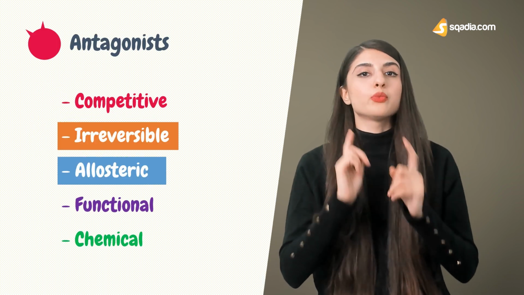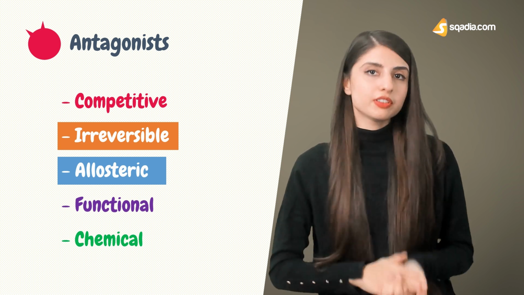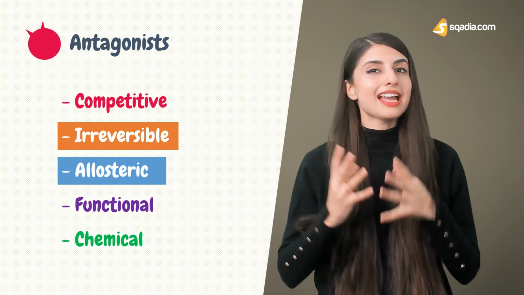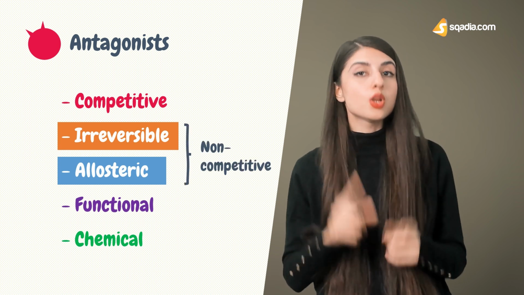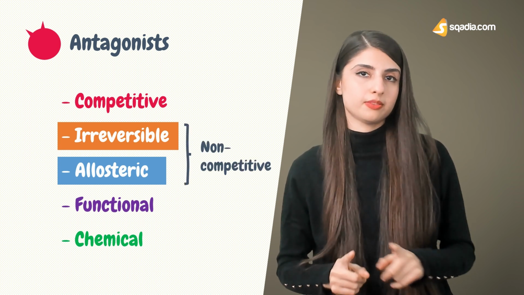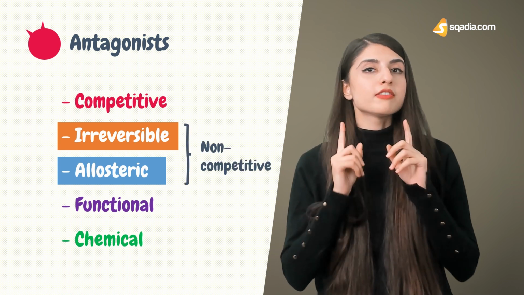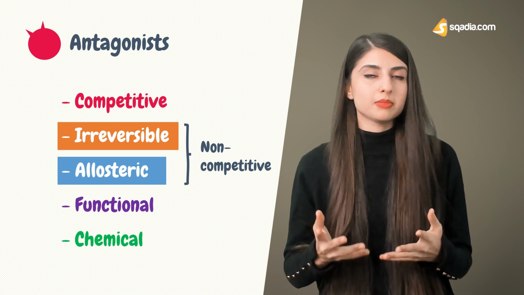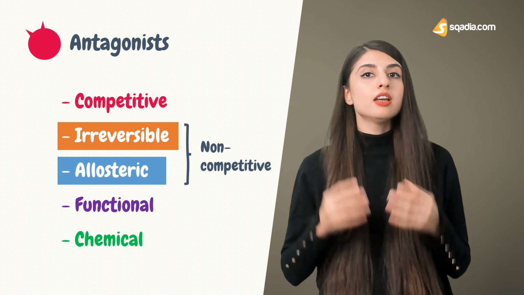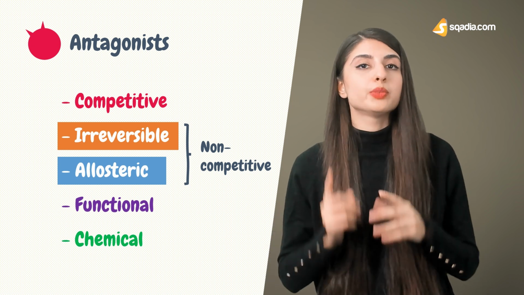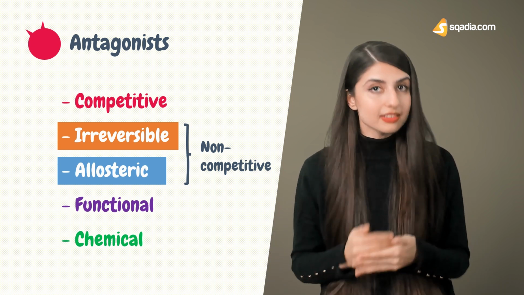So, remember that irreversible antagonists and allosteric antagonists are both considered non-competitive antagonists. Now, a fundamental difference, if you ask me, between competitive and non-competitive antagonists is that competitive antagonists reduce the agonist potency.